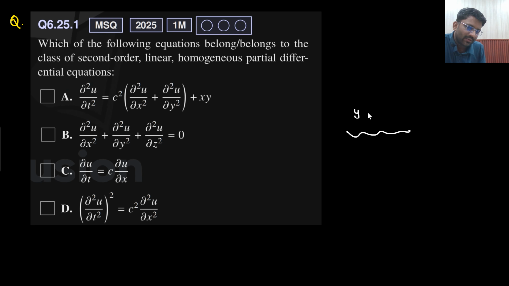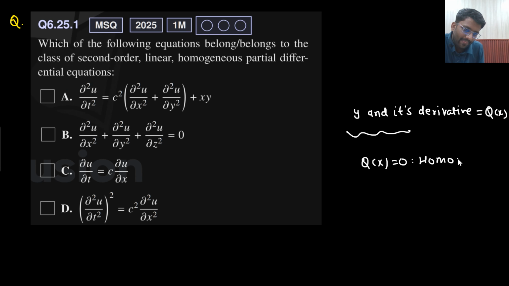All the y terms, y and its derivatives, equal to q of x. If q of x is 0, then it was homogeneous. And if q of x was non-zero, then it was non-homogeneous.